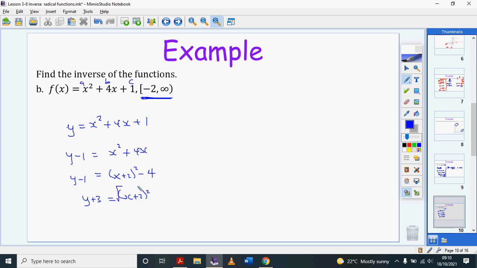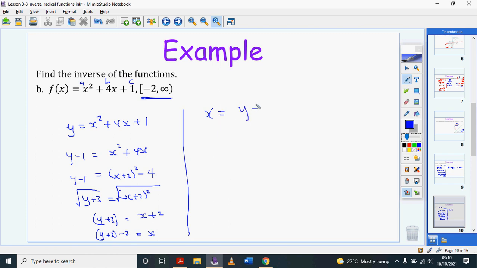If I want to make x the subject, I'll take the square root, then I'll have the square root of y plus 3 is equal to x plus 2. So if I want to isolate x, I'll take away the 2. So I'll have the square root of y plus 3 minus 2 is equal to x. Now I have my inverse function.